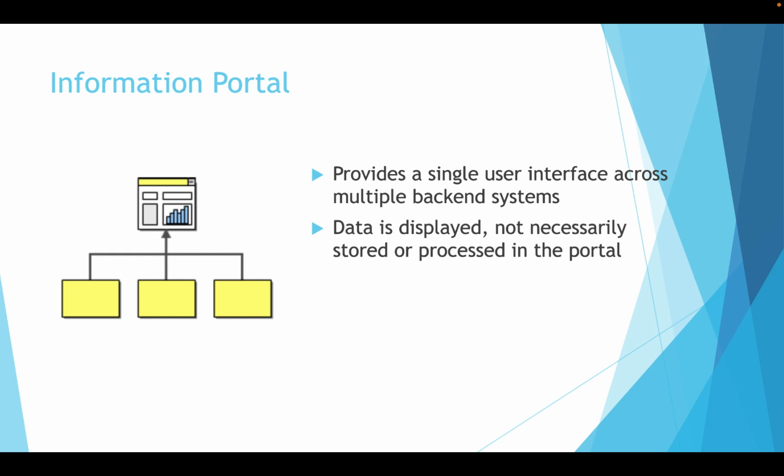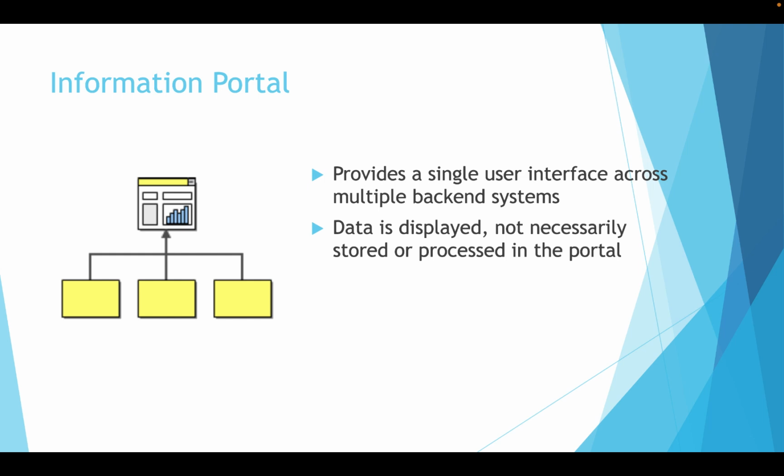It doesn't store the data. Basically, it's accessing the 3 yellow boxes at the bottom. These are 3 different systems. It could use an API, or it might be a file share or whatever. The portal accesses information from those systems to display on the dashboard.